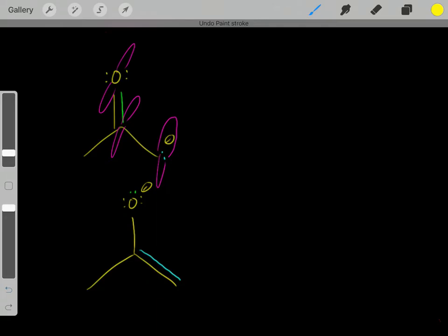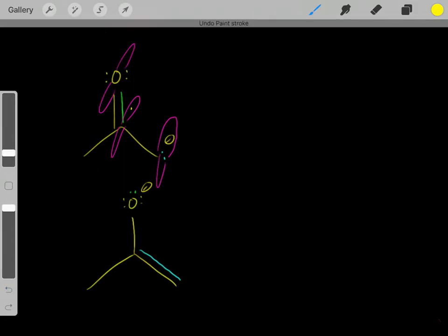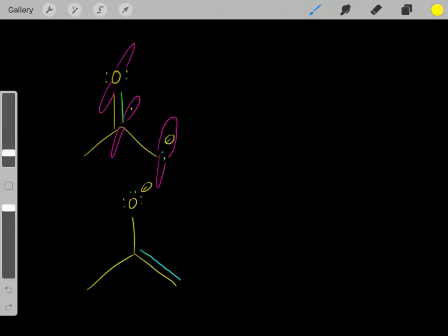So again, this carbon has this unhybridized p orbital with 2 electrons in it. And then this carbon also has an unhybridized p orbital, but this p orbital has 1 electron in it. And this oxygen also has an unhybridized p orbital, which also has 1 electron in it.